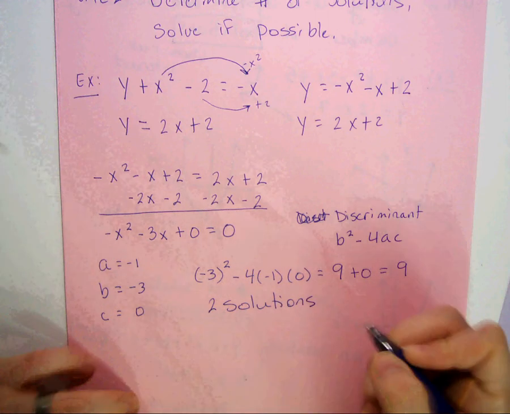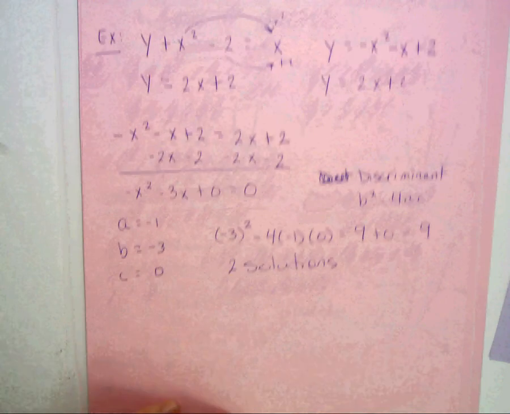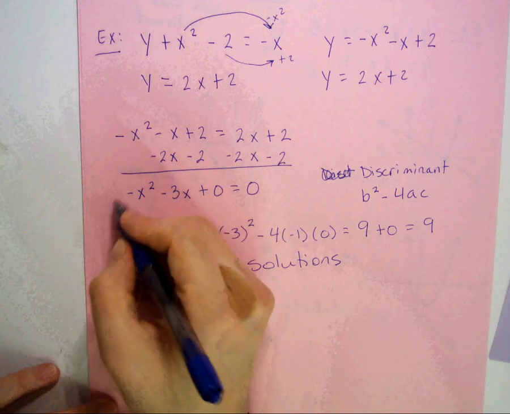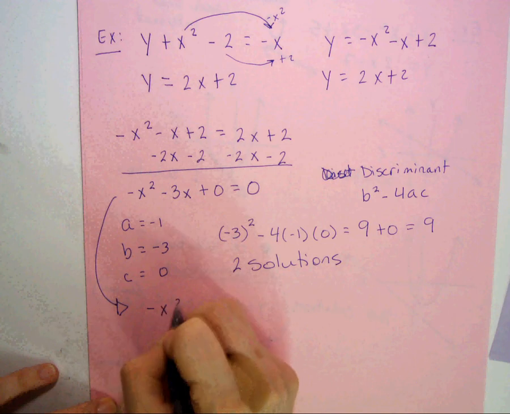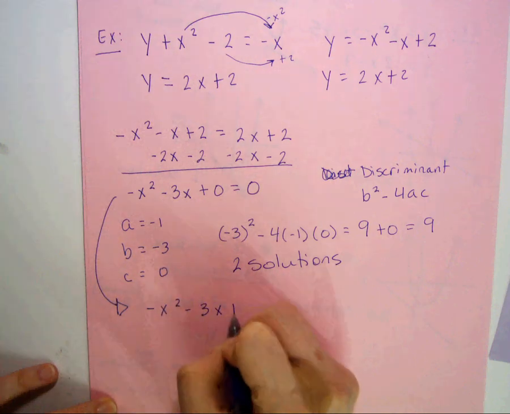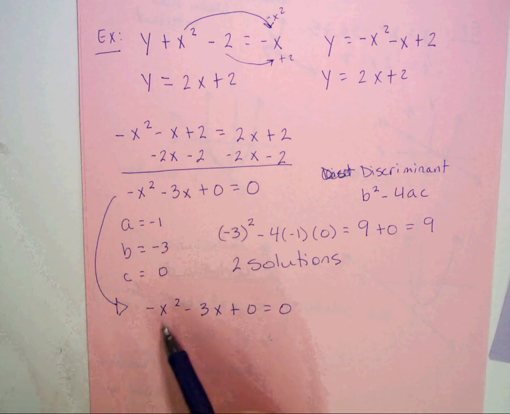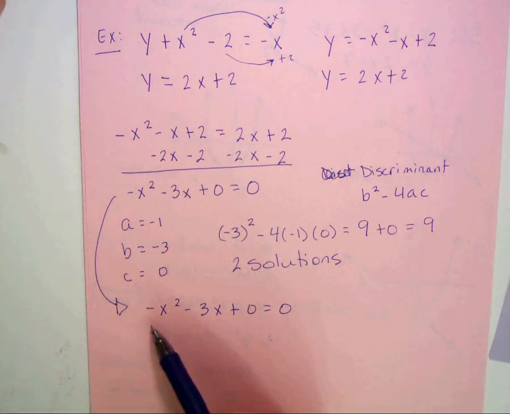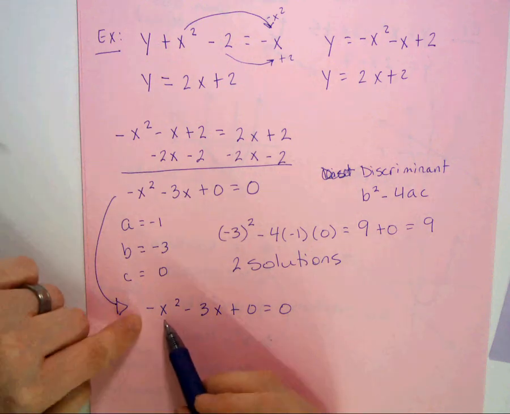So I know that I have solutions, so I'm going to go ahead and solve this quadratic and figure out what my solutions actually are. So I have negative x squared minus 3x plus 0 equals 0. It's easiest if I can get rid of the number that's in front of x squared.